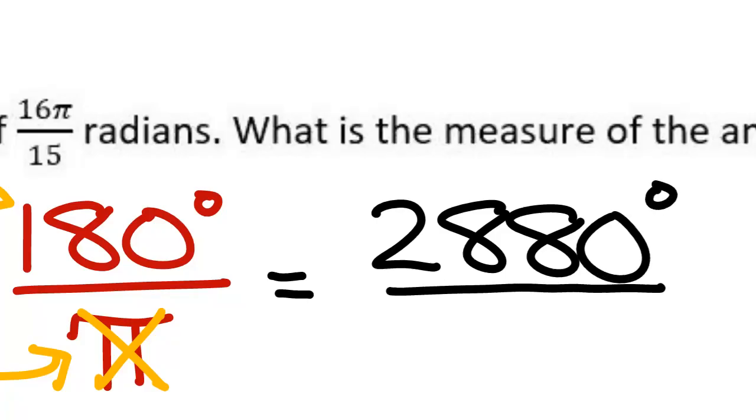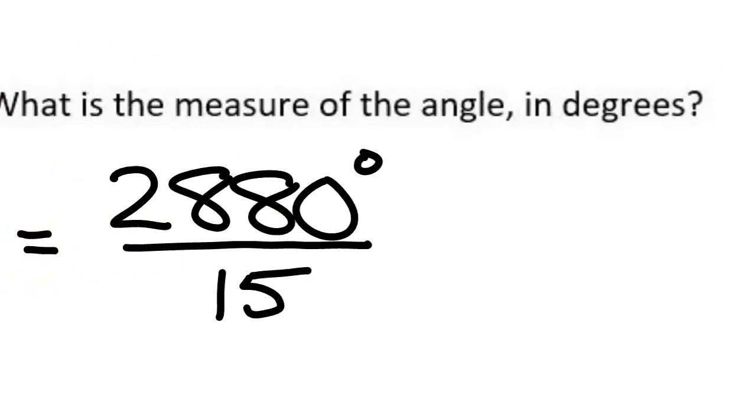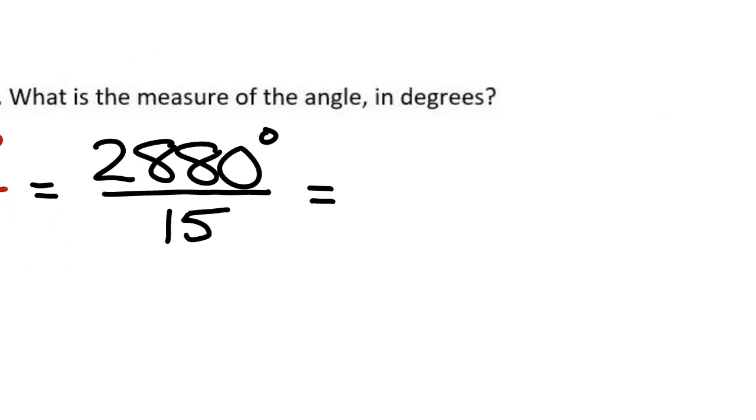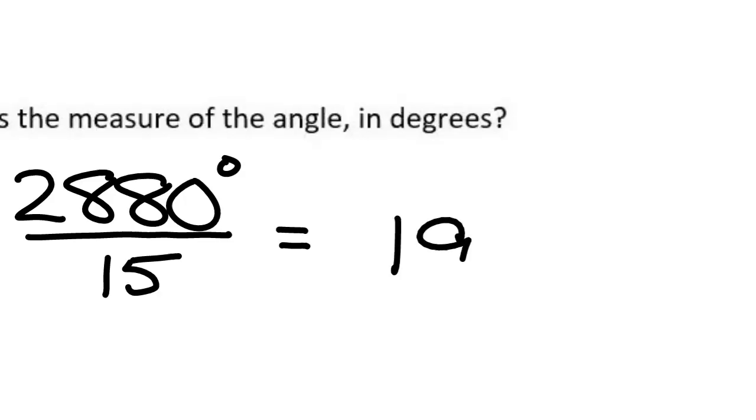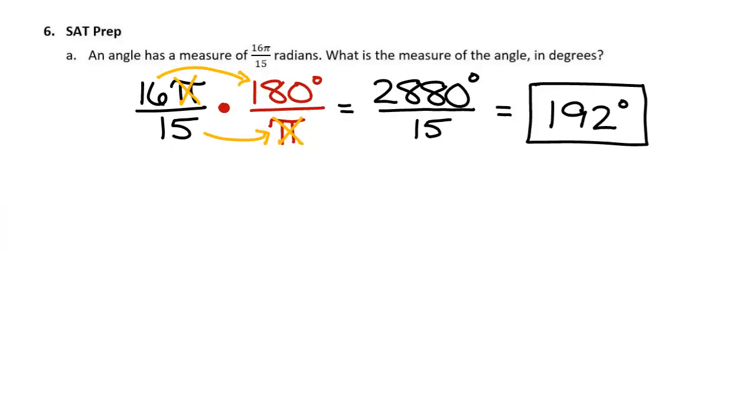Because the bottom of the second fraction canceled out, the only thing I have on the bottom of the fraction now is 15. And then I divide 2880 by 15. And what do you get? 192. So 192 degrees is what 16 pi over 15 radians is the same as.